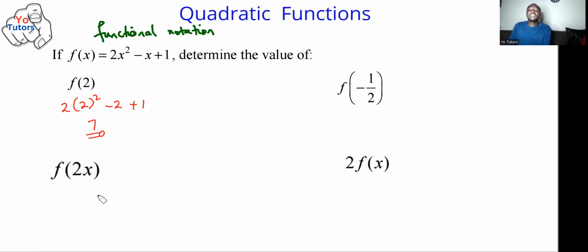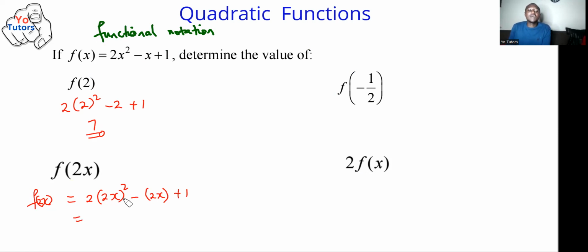What about if it is 2x? It means that where there's x, we are putting 2x. So f of 2x is going to be equal to (2x) squared minus (2x) plus 1.